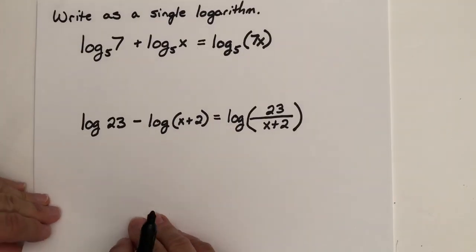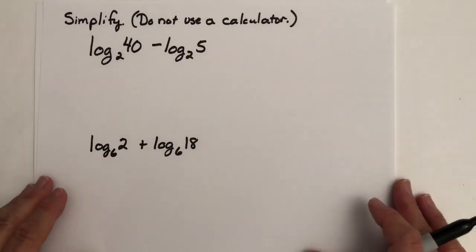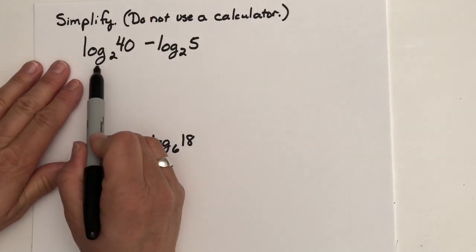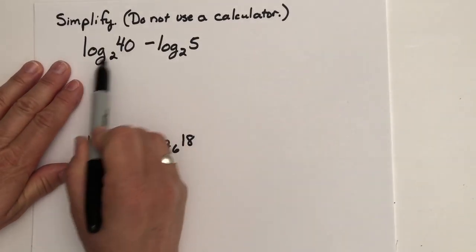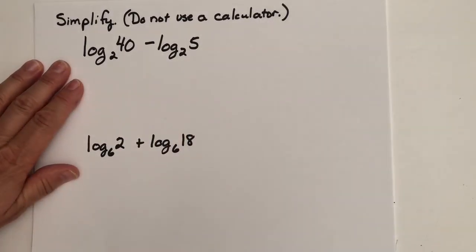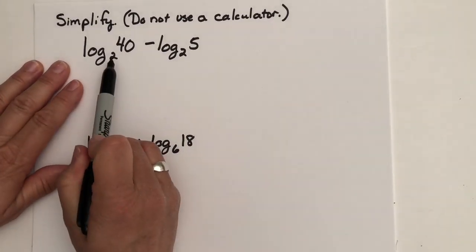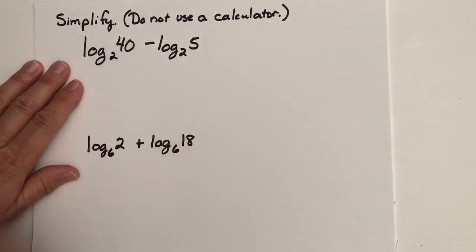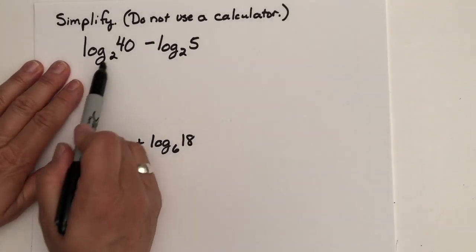Let's do another one. Suppose the directions here said to simplify. Oh, and we can't use a calculator. If we started to try to evaluate this one, the log of 40 base 2, notice that isn't one that we'd be familiar with. I don't know what exponent I'd have to raise 2 to to get 40. 2 to what power is 40?